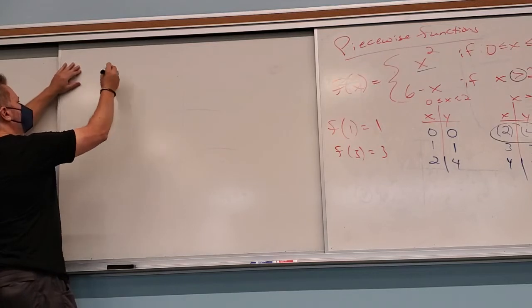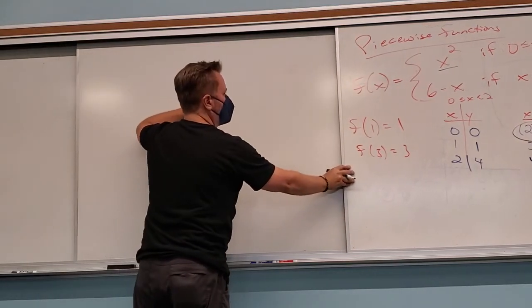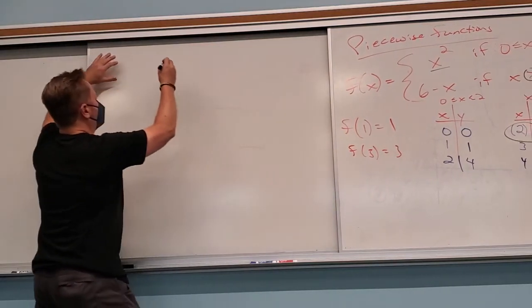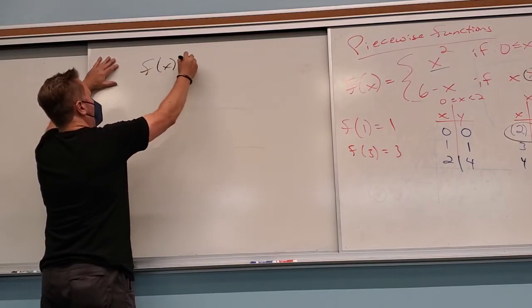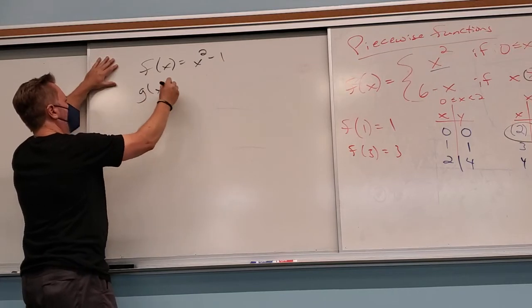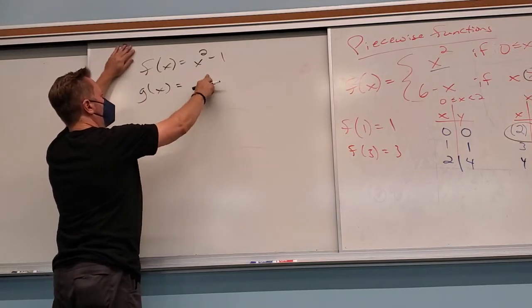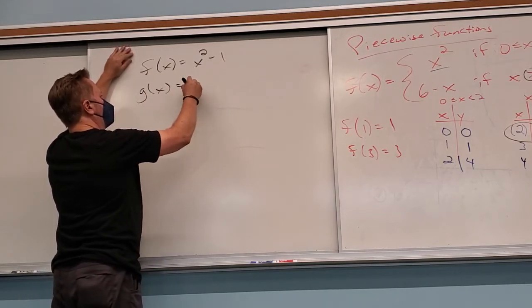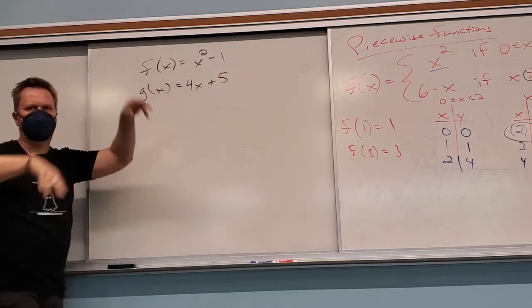But let me ask you this. Let me see if you guys can just get this directly. This isn't that crazy of an idea. So if I say f of x is x squared minus 1, and g of x is 4x plus 5. Let's make it nothing too crazy.